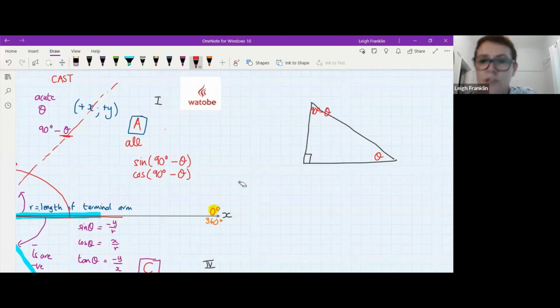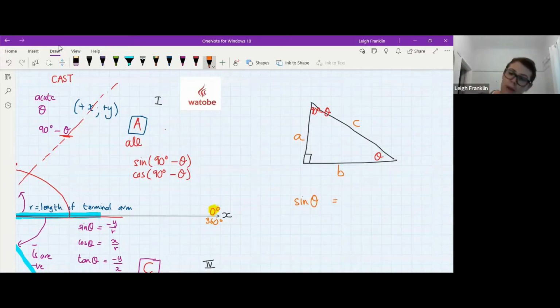Cool beans. Right. So now let's say I decide I'm going to give these 3 sides names. I'm going to call this side A, and I'm going to call this side B, and I'm going to call this side C. Let's talk about the sine of theta as it relates to this diagram.